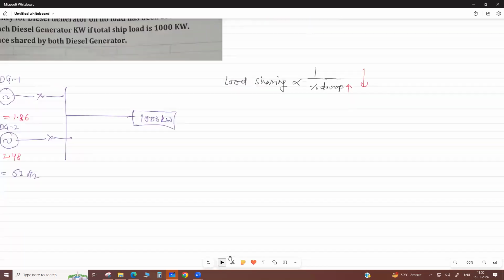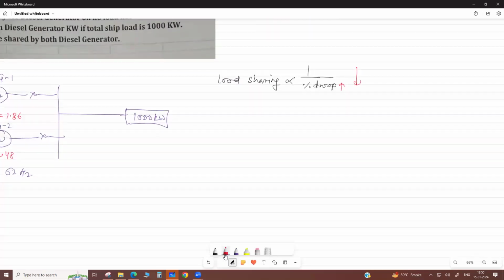So see here. This is your frequency line, speed or frequency. Now see, they have equal kilowatt, meaning their base lines should be equal. This is 2000 kilowatt, this is also 2000 kilowatt. So their bases are equal.